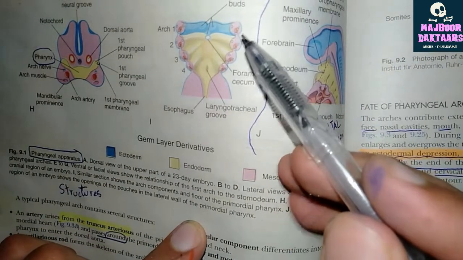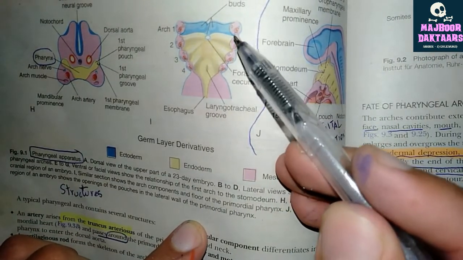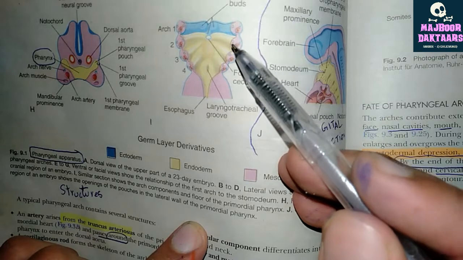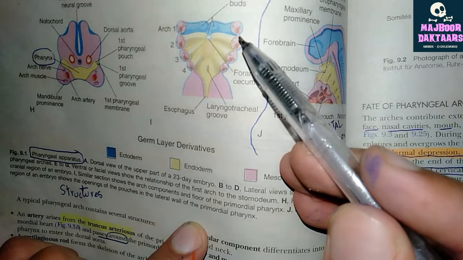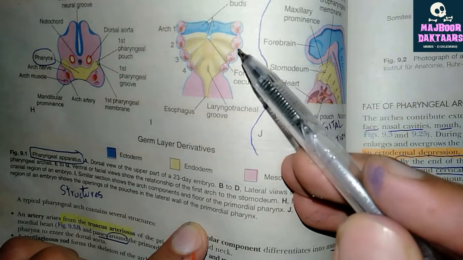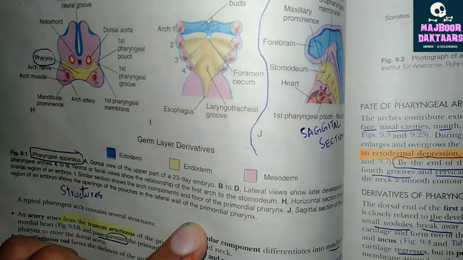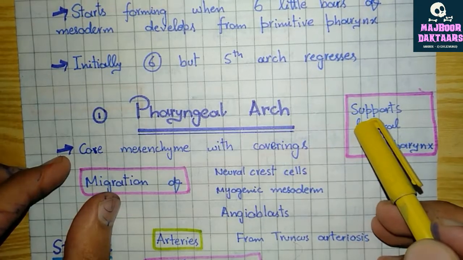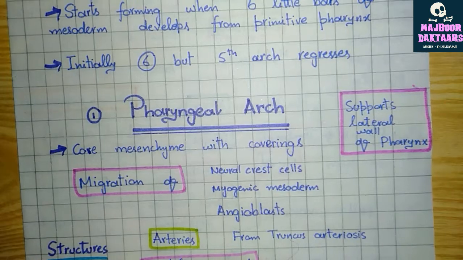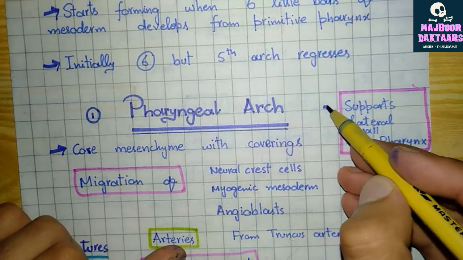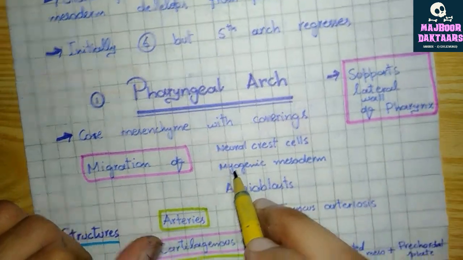Here we can see that this circle is a pharyngeal arch, which has a core of mesoderm, an external covering of ectoderm and an internal covering of endoderm. So, pharyngeal arch is present bilaterally to the primitive pharynx, so it supports the lateral wall of the pharynx.